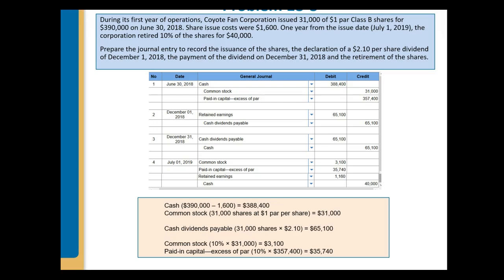So first, we are going to debit our cash for the difference between the issuance price minus the cost to issue those shares. So $390,000 minus the cost to issue the shares of $1,600, debit our cash for $388,400. We're going to credit our common stock for just the par value and credit paid in capital in excess of par for the difference.